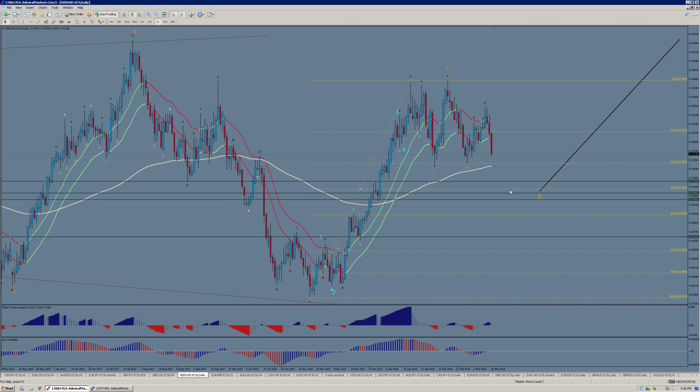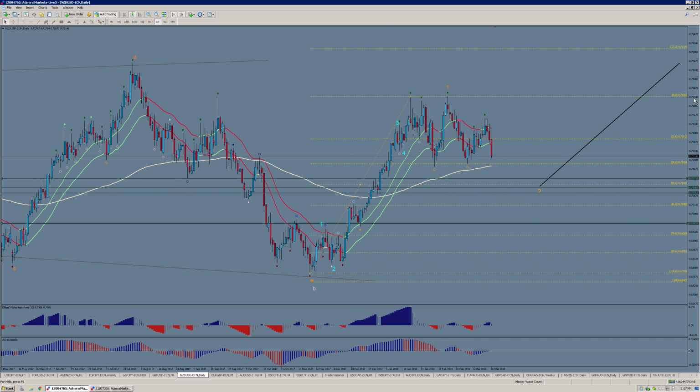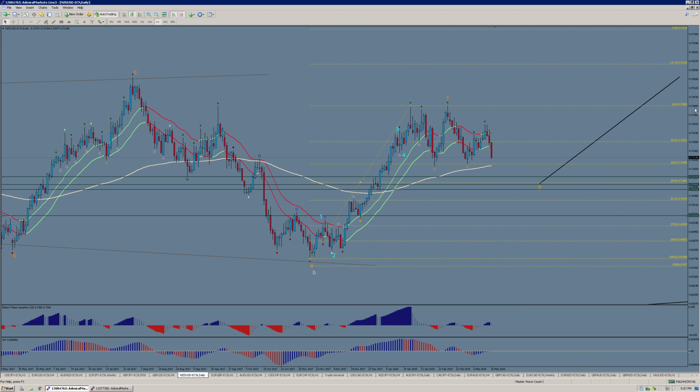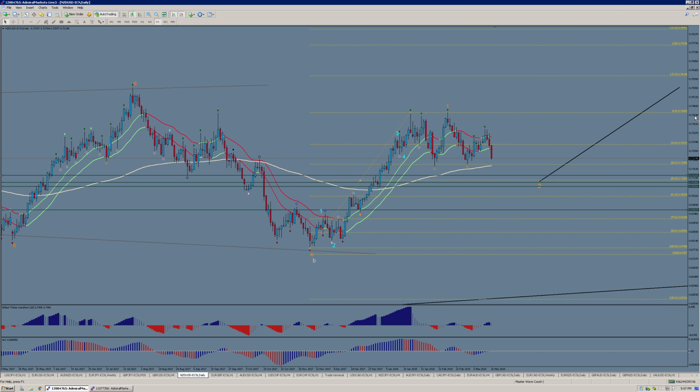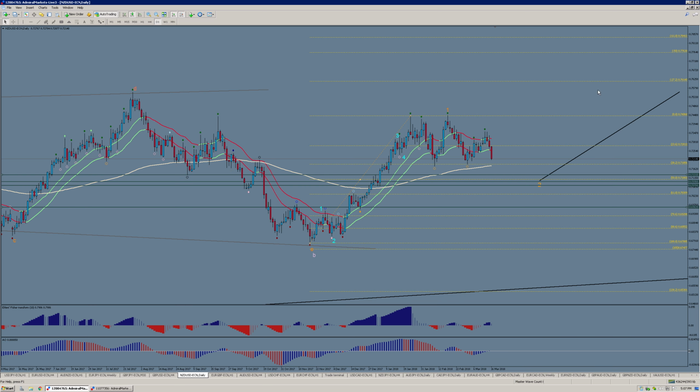Then for targets, there's two ways that you can go about it. One is, like I said, that you add certain numbers in the minus area, actually, which then will act as target areas. So in this situation, the two that I like the most is the minus 27.2 target.